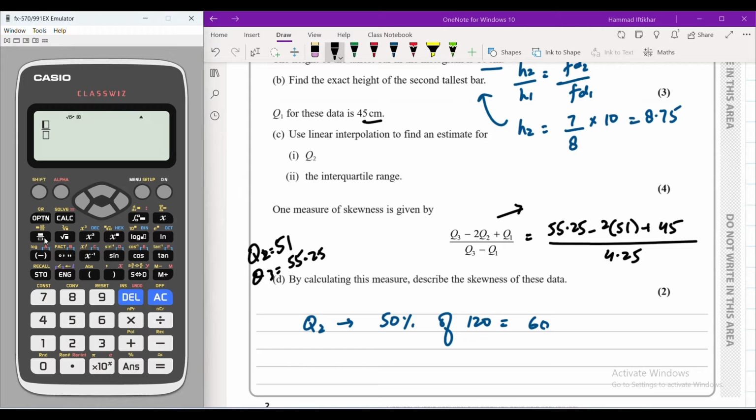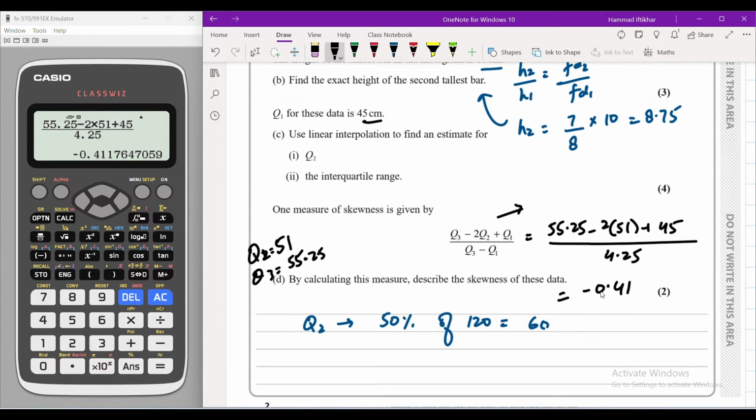That is negative 0.41. So what does negative skewness mean?